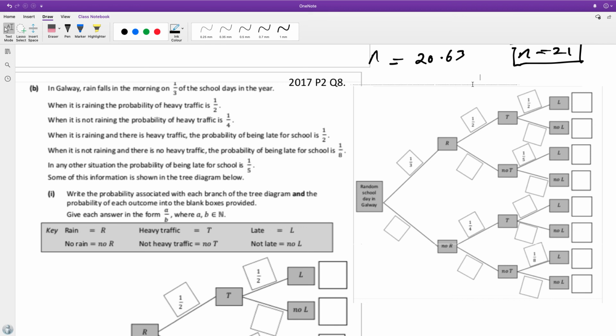This is R, no R. This is T, no T. And this is L, no L. So it's R's in the first one, T's in the second one. See how many of these you can get. Any figures you're unsure of, give me a shout.